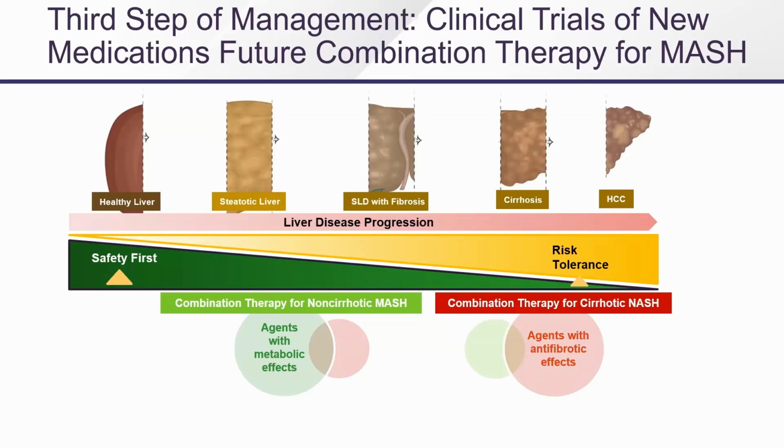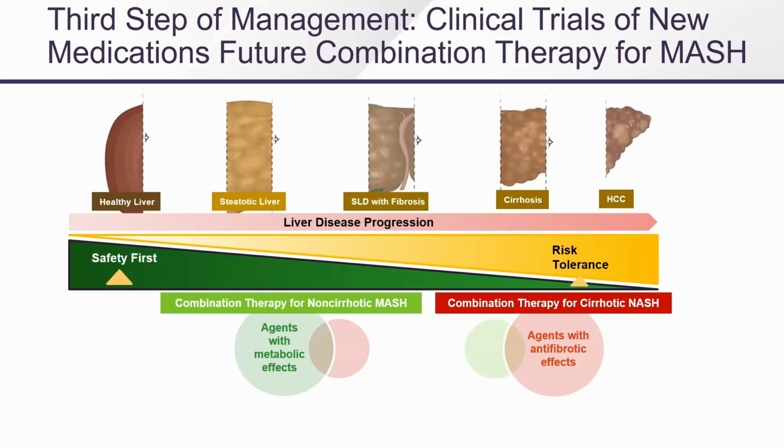So where are we at this point? Where are we in terms of clinical trial management, and how do we think of it? Liver disease is a spectrum, anywhere from the healthy liver to steatotic liver to fibrosis to cirrhosis to liver cancer.